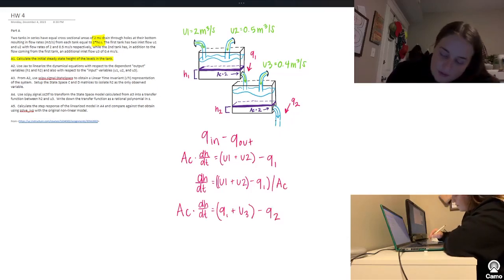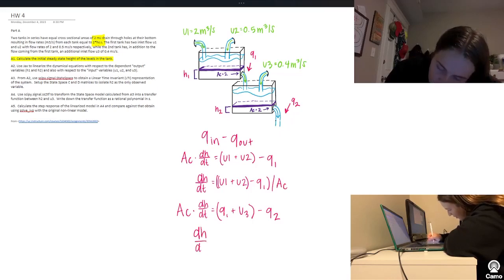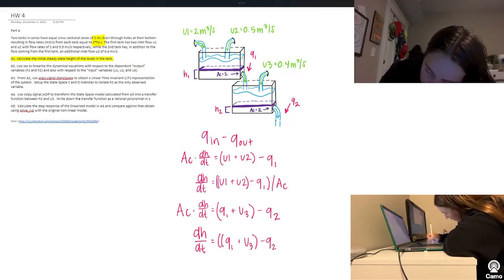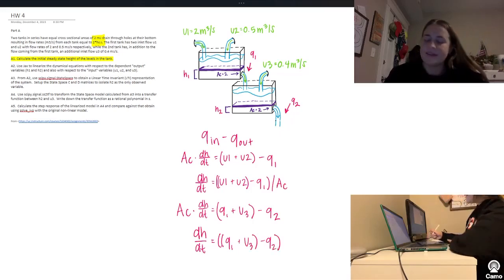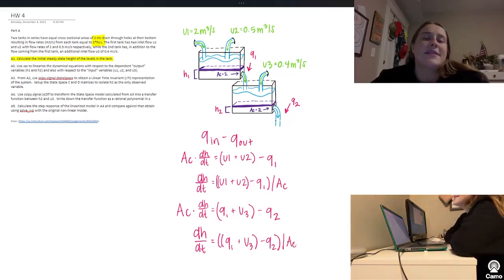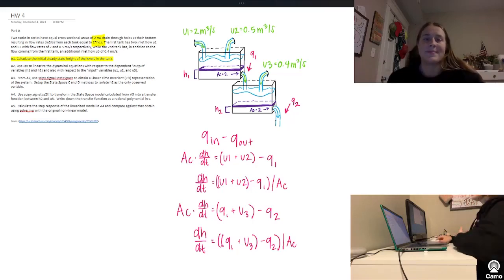And again, this will simplify down into dH over dt equals Q1 plus U3 minus Q2, divided by AC. So since we're just finding the steady state, it's relatively easy. These are all the equations we'll need for part A1, and I'll go ahead and code this portion of part A.